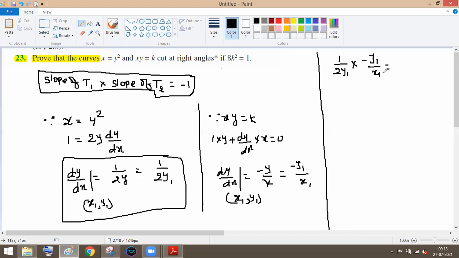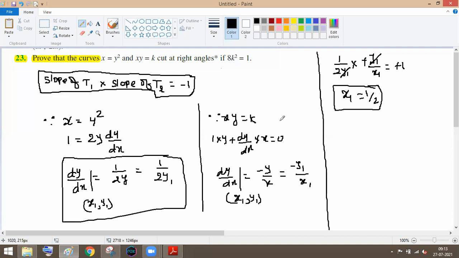If I cancel this, minus and minus cancel, the y1 and y1 cancel. We will get x1 equal to 1 by 2.